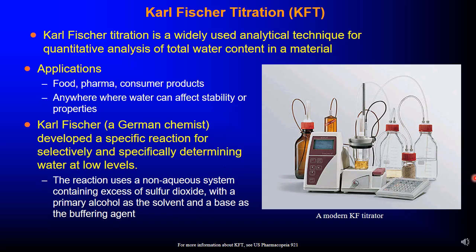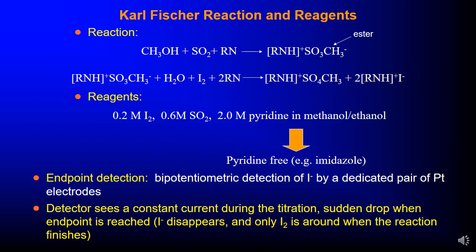So you can see the setup, a modern Karl Fischer titrator. So generally the reaction, as you can see the alcohol here, and you'll see sulfur dioxide, and then you get an ester.